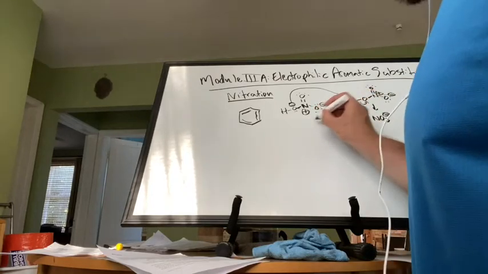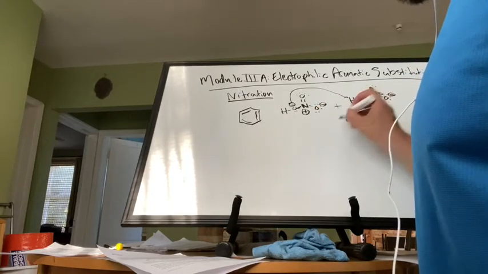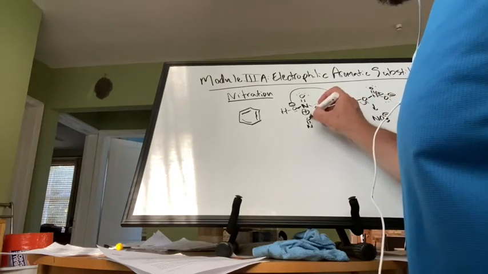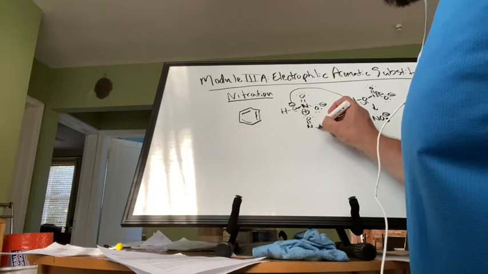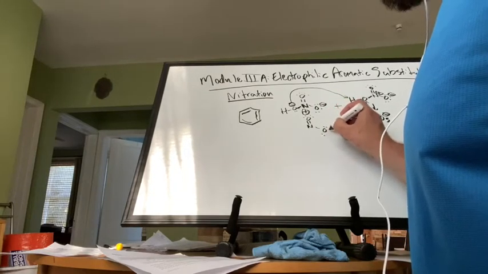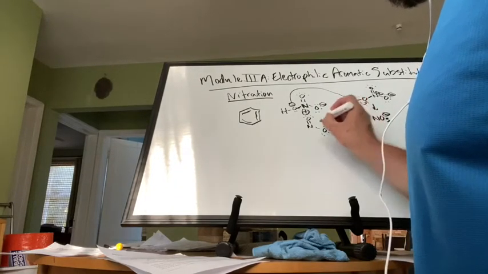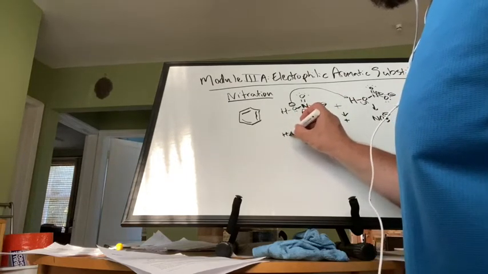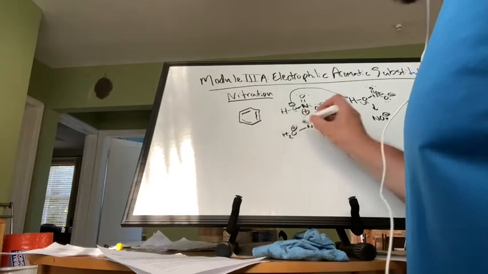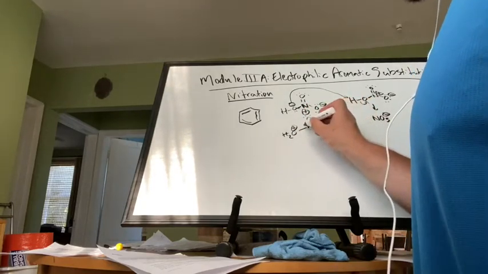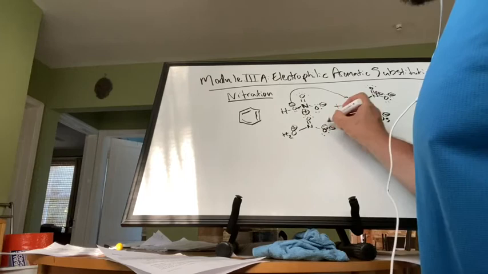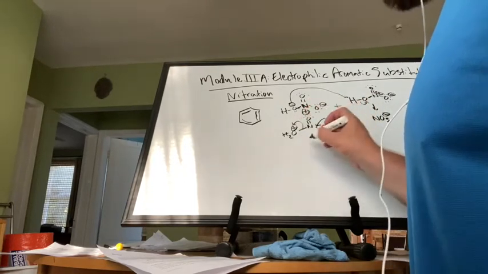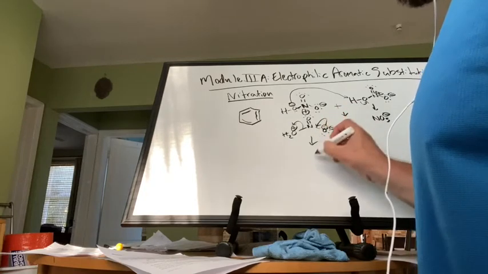And then you're going to have this protonated nitric acid, which is going to be, as you could expect, pretty slow. And that positive charge is going to make this actually a good leaving group. And leave is what it will do.